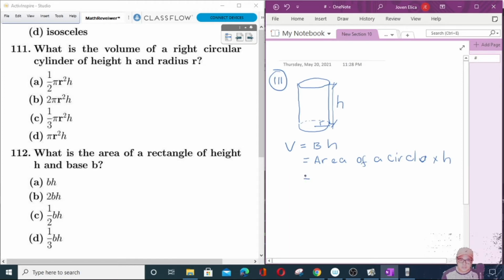The area of the circle, we know, is pi r squared. So therefore, the volume is equal to pi r squared, the area of a circle, multiplied by its height. So this is letter D. The answer is letter D.